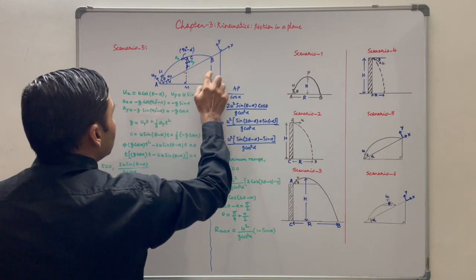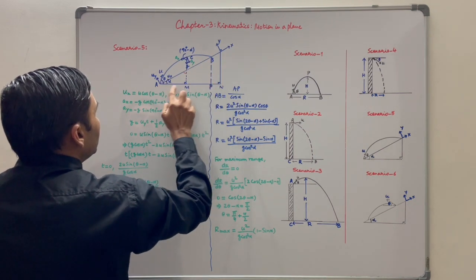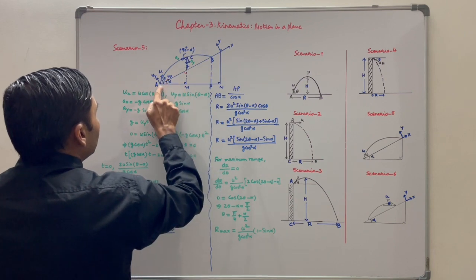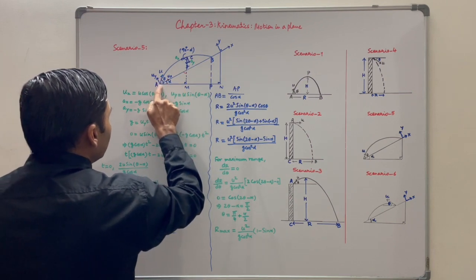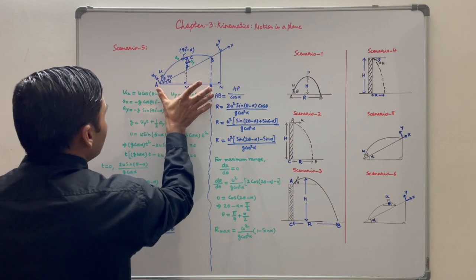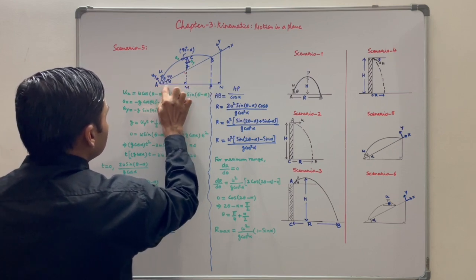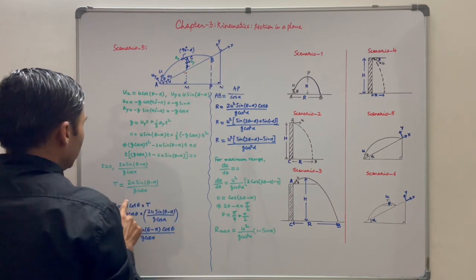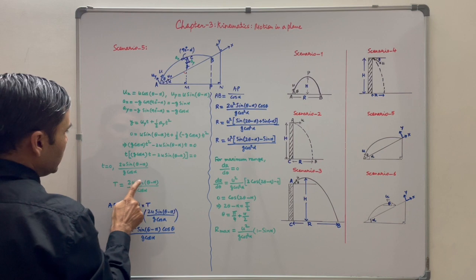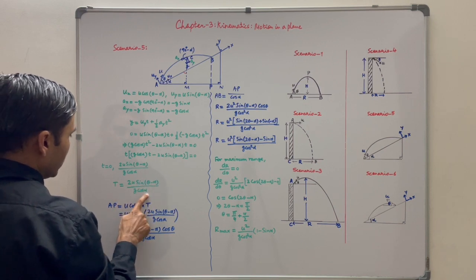Now in this right angle triangle, AP upon AB is equal to cos alpha. Component of initial velocity along the horizontal direction will be u cos theta. So AP is equal to u cos theta into time of flight. So AP is equal to u cos theta into 2u sin (theta minus alpha) upon g cos alpha.